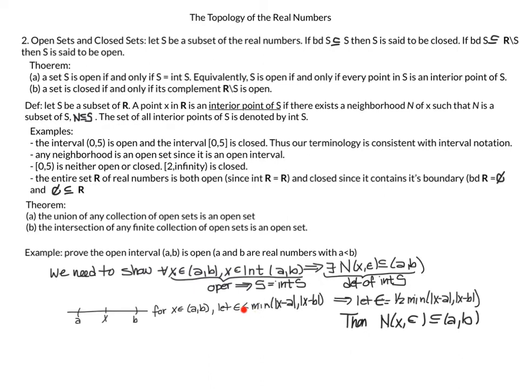Since we want epsilon to be less than the minimum, we could try subtracting a value, but we don't want to subtract so much that we end up outside the interval. So really the safe thing to do is to divide this minimum by some number. And 2 will do. You could have done 1/10, and that would have been fine. But we're just going to divide by 2 here, and that will be our solution. But any fraction less than 1 here would have been fine.